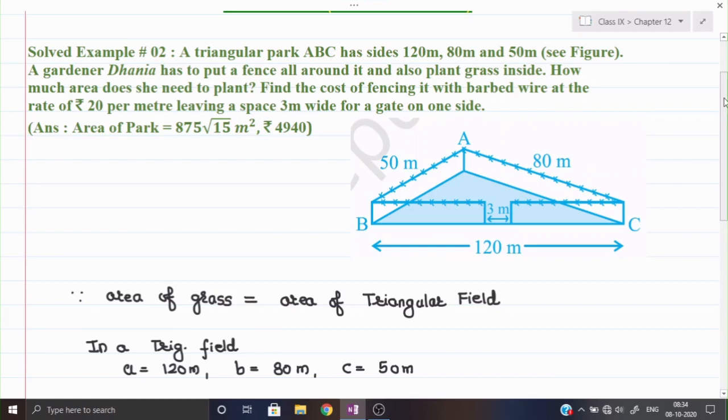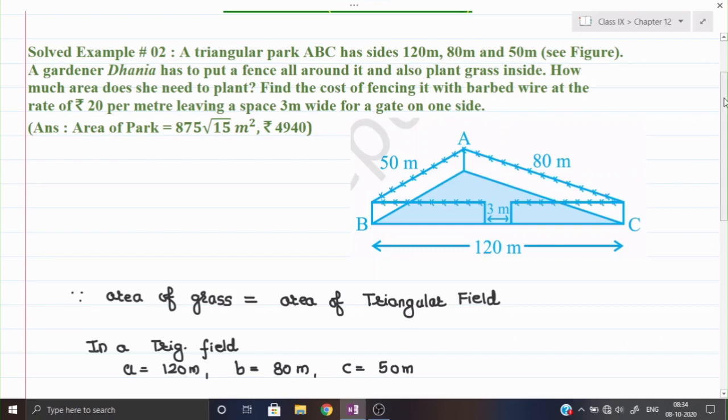Okay, so if I want to find out the total length of the wire, the total length of wire is actually equal to the perimeter of the triangular field, and we have to subtract 3 from that, because the 3 meter gap we need to keep. So by doing this we will get the length of the wire. Now what is the cost of the wire?